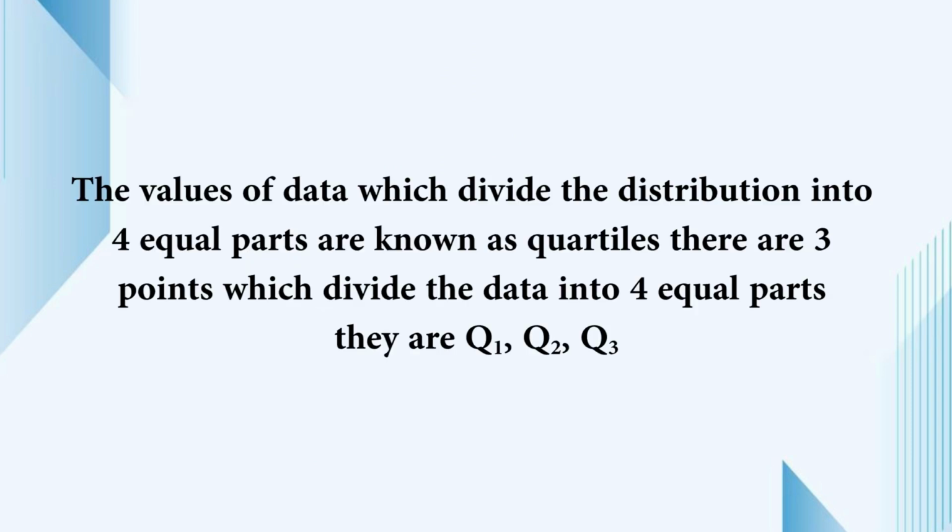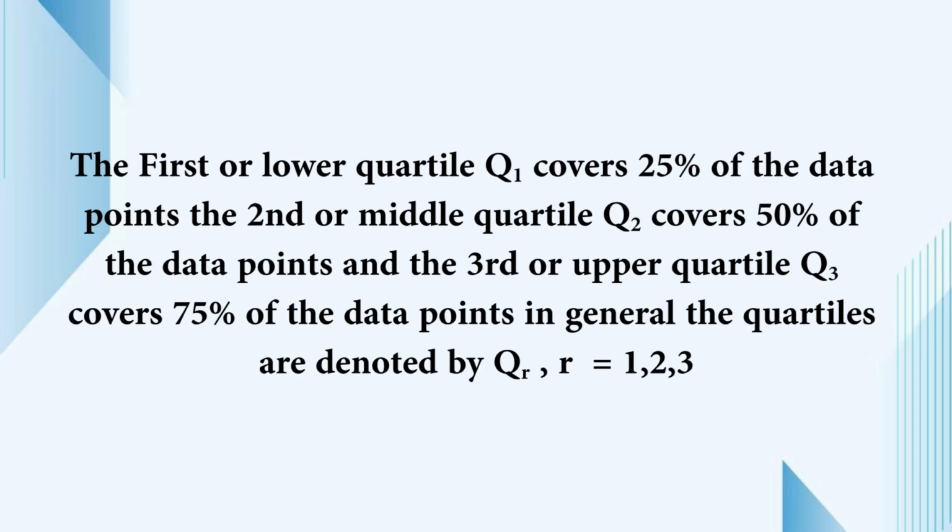Quartiles. The value of data which divide the distribution into 4 equal parts are known as quartiles. There are 3 points which divide the data into 4 equal parts. They are Q1, Q2, Q3. The first or lower quartile Q1 covers 25% of the data points.